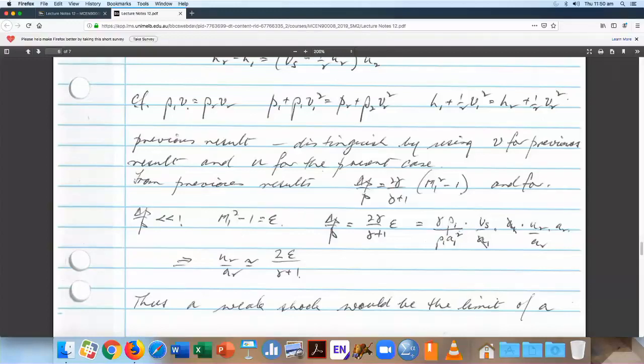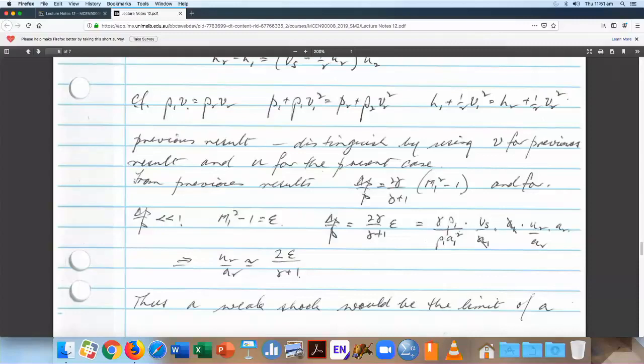Gamma P over rho is the speed of sound squared, so the speed of sound is the square root of gamma times P over rho. So that's why I put it down in here, and I can play around here, and I get this relationship. Anyway, the point that I want to make simply is that the velocity behind this shock wave is terribly small.